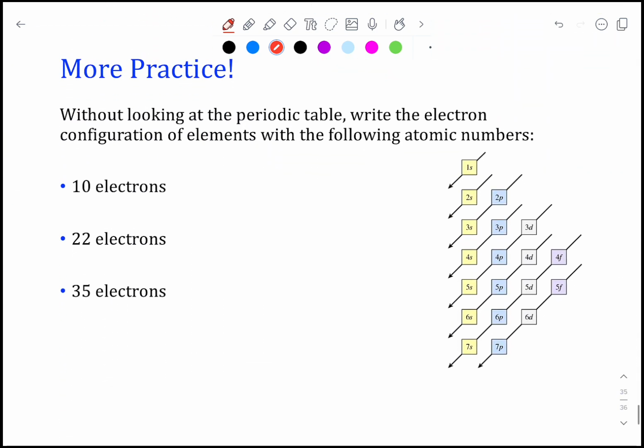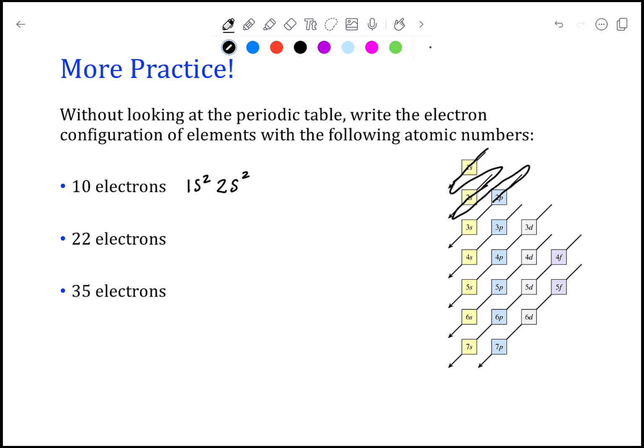Okay, let's do some more practice. Without using your periodic table, write the electron configuration of these random elements with the following atomic numbers. So we have 10 electrons, 22 electrons, and 35 electrons. So we can start off using our diagram. 1s has 2. Then we jump up to 2s2.